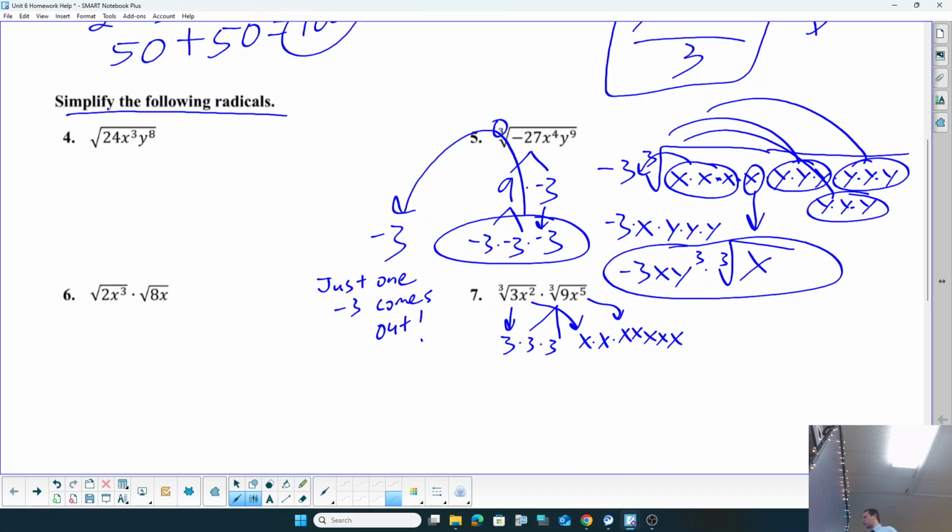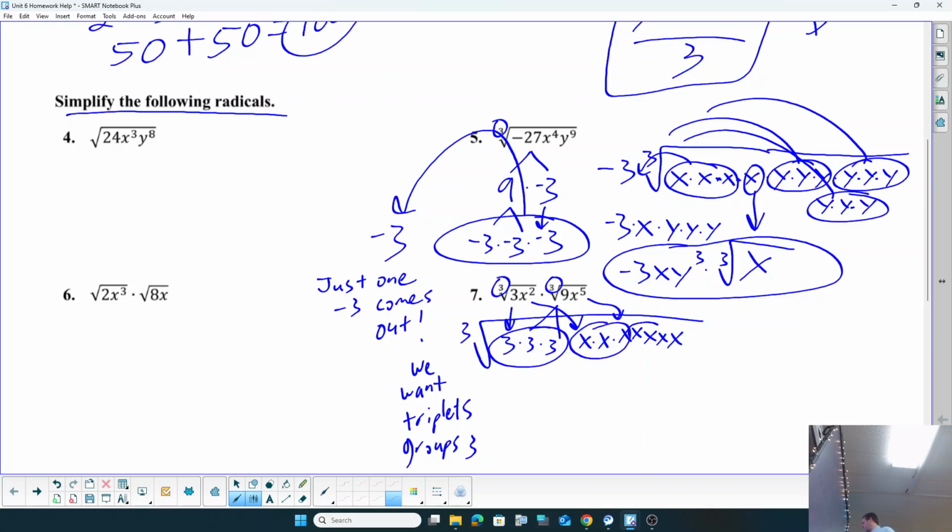Now remember, we want triplets, because it's a 3rd root. We want groups of 3, right? Groups of 3. So there's one, there's another one, and there's another one. So one of the 3 goes away, one of the 3 comes out.